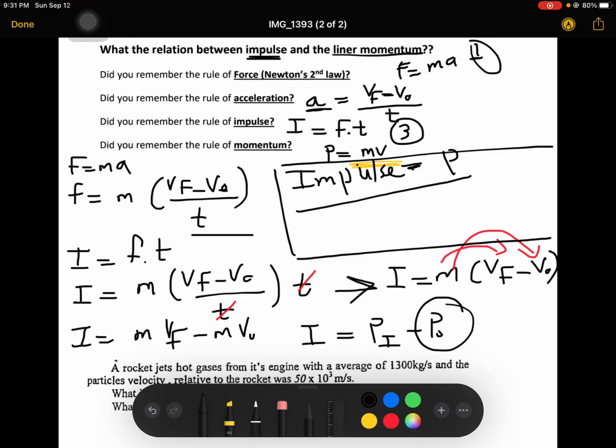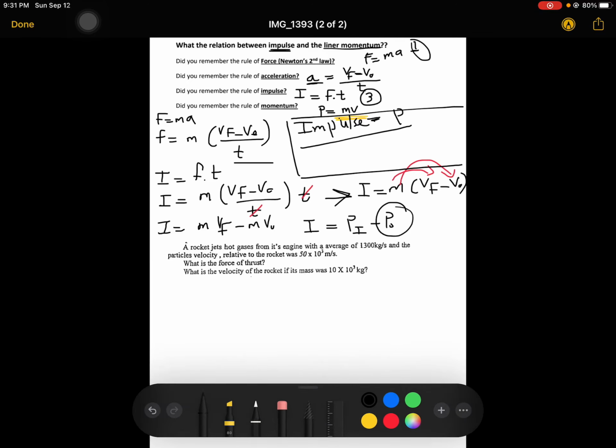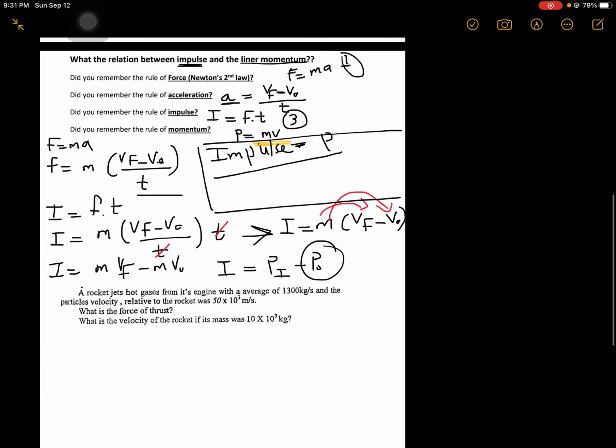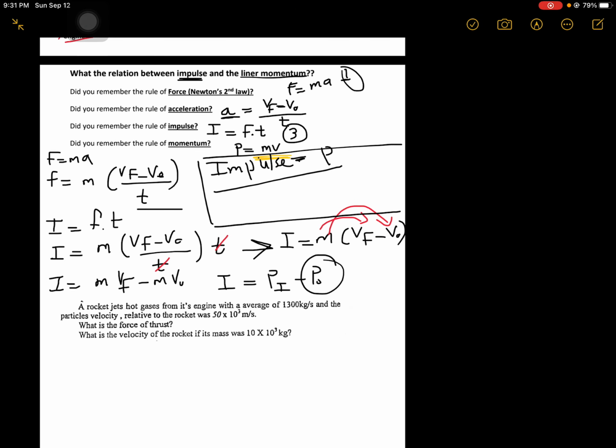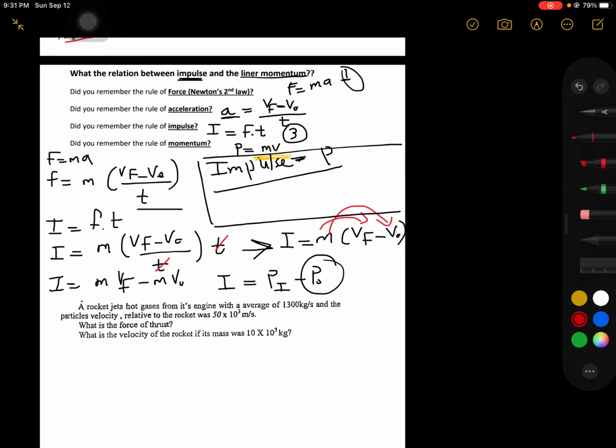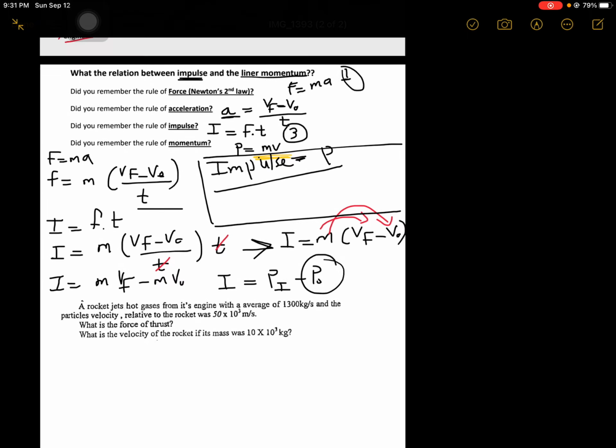You have to save this equation. This is the relation between the impulse and momentum: impulse equals the momentum, and also the unit of impulse equals the unit of momentum.